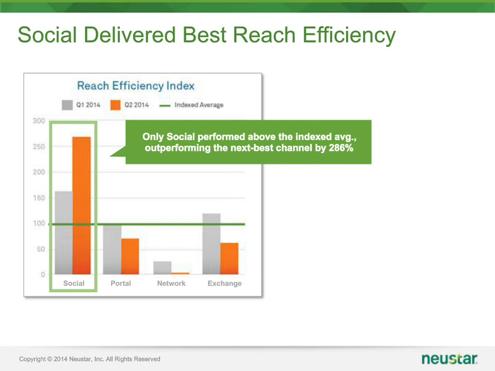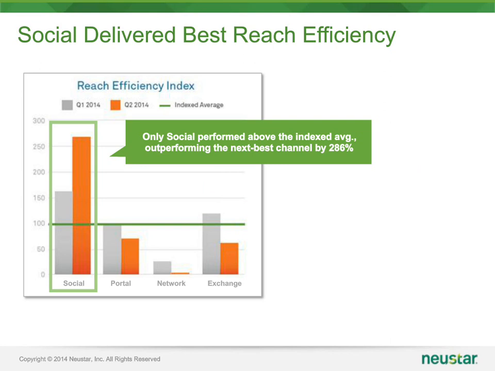Now, the one thing that we do want to caution here, and we've always seen social be very, very good at driving exclusive users, is that this data could be a little bit skewed as cookies are reset, as users access social channels via multiple screens, and also the increased use of private browsing.